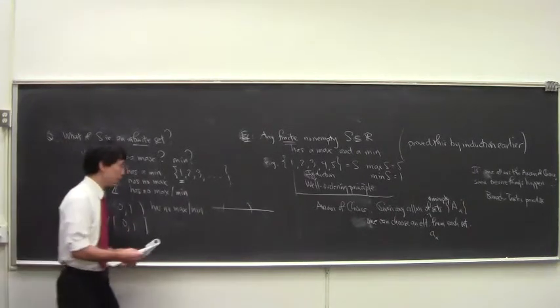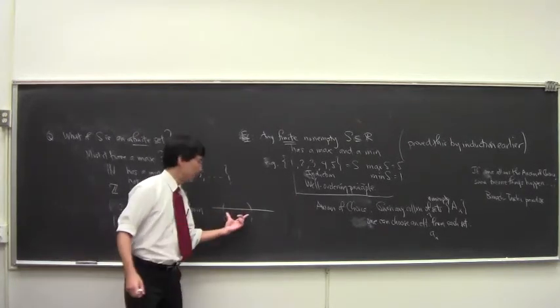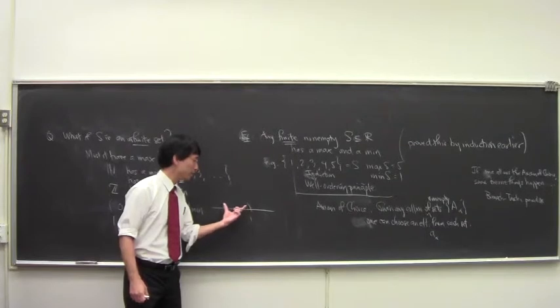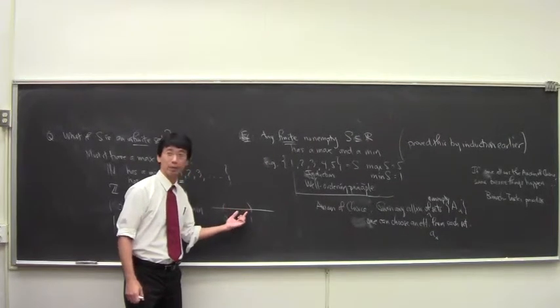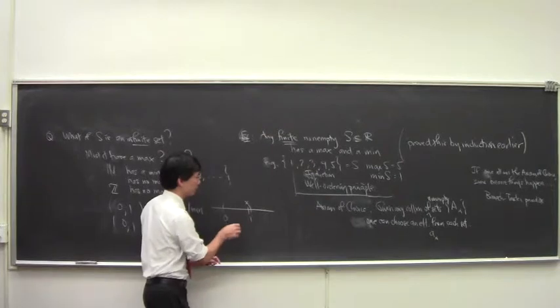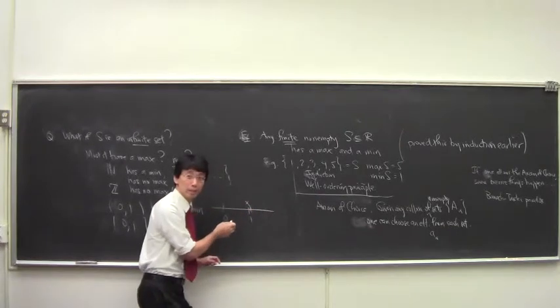If I look at the open interval (0, 1), is there a point in here that is bigger than or equal to every other point? The answer is no. If I say this is the max, you would say I can find a point between here and 1 that's bigger.